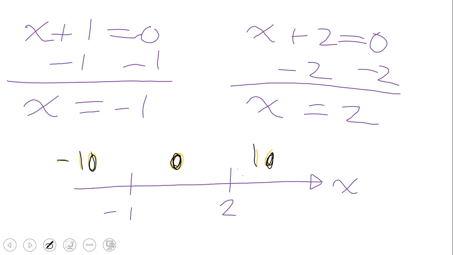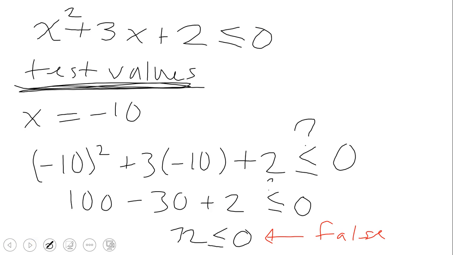So this part fails. It's not in our solution set. So let's check 0, which should be easy to do. So let's check x equals 0. Okay, I guess I'll switch back to black. Okay, so let's check when x equals 0.